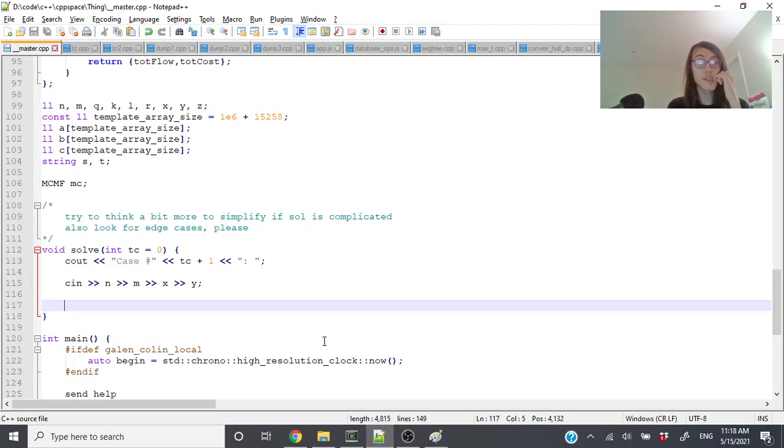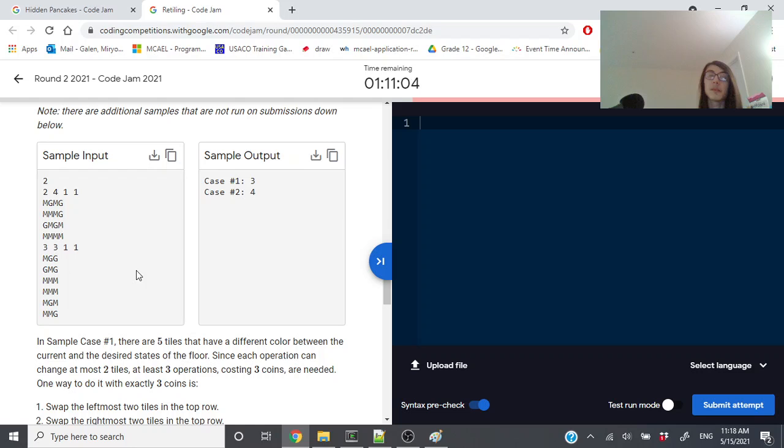Right. So basically, when we have the same number of m's in one grid as the other, then we basically assume that when we do a flip later, we have to flip something else in return.